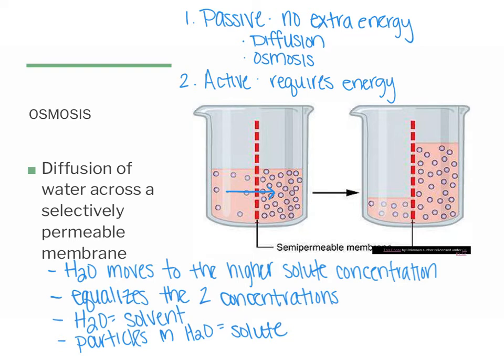It does that because it wants to even out the concentrations on both sides. So we want the same concentration on the left as we do on the right. This is what happens over here. We get more water on this side, so now we're evening out the concentration on both sides.